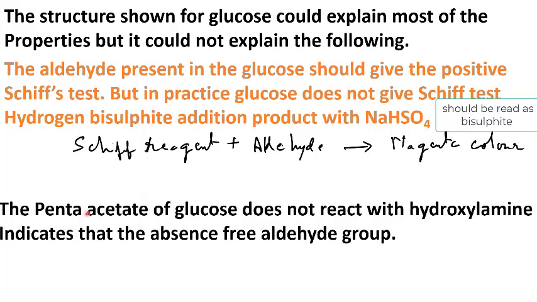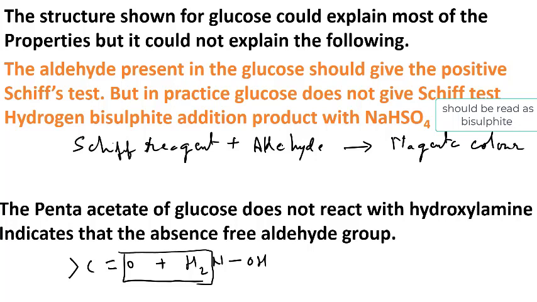Not only that, the pentaacetate of glucose does not react with hydroxylamine, which indicates the absence of a free aldehyde group. If an aldehyde group is present, C double bond O plus hydroxylamine NH2OH should react, water is removed, and we get C double bond NOH.